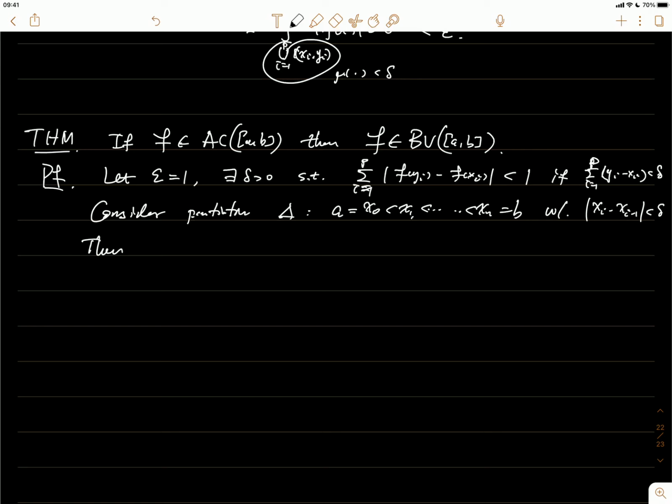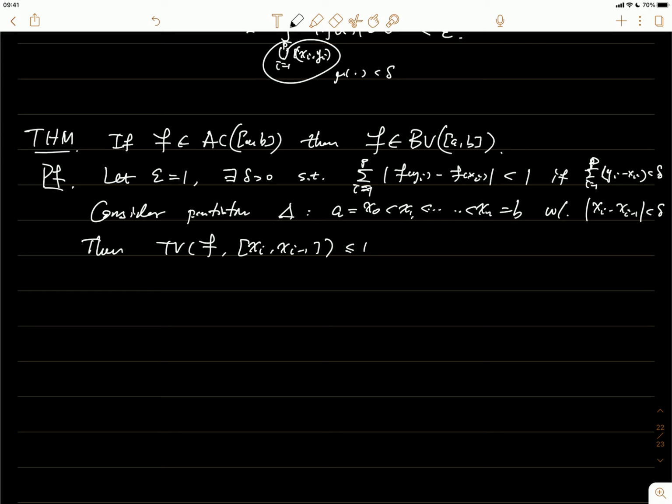And we know that the total variation of f over the interval [x_{i-1}, x_i] will be less than or equal to 1.